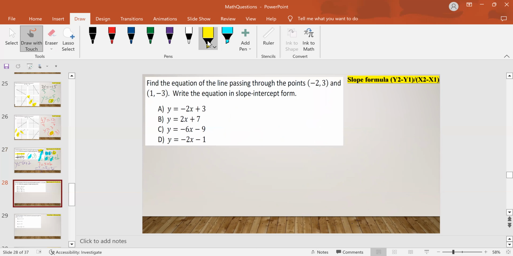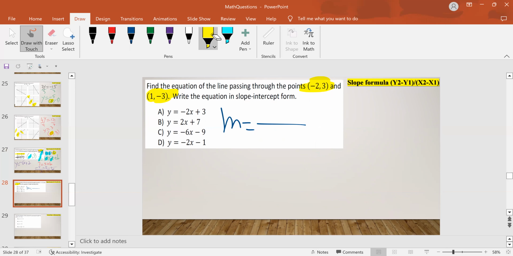Similar question. So here again, I need to find the slope. My m will be y2 minus y1 divided by x2 minus x1. So I need to label this to find the mistake. I have x1, y1 and x2, y2.